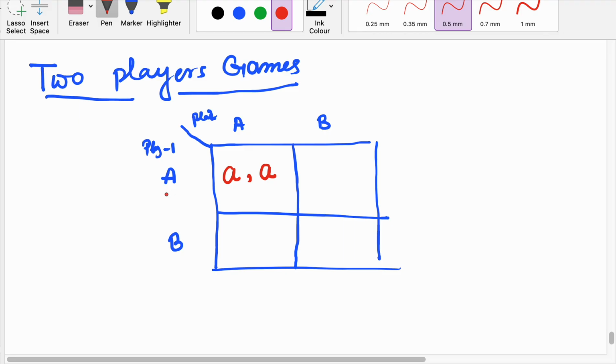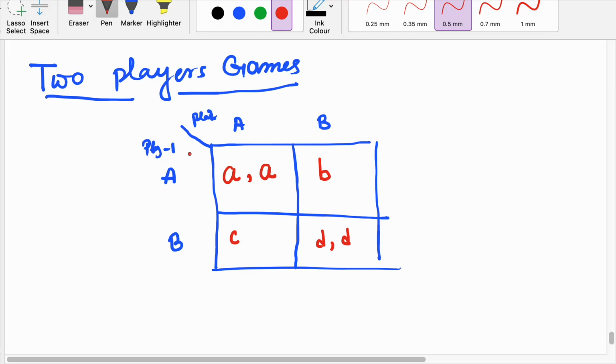Similarly, if A interacts with B, then player 1 will get some payoff B, and B interacting with A will get some payoff C, and B interacting with B will get some payoff D. Since a similar situation happens here, B interacting with B also gets D.